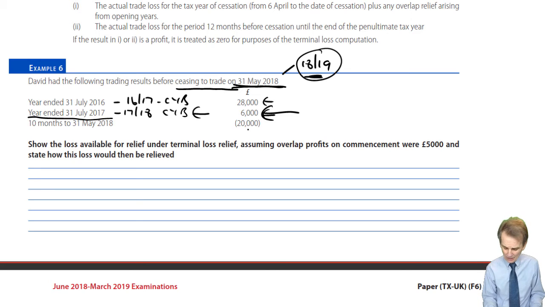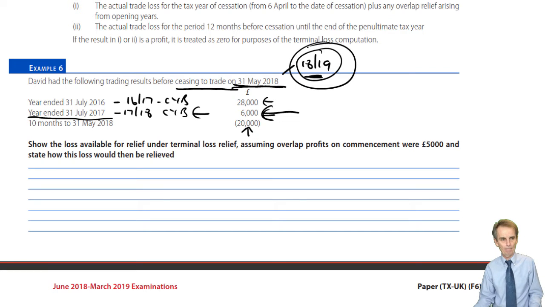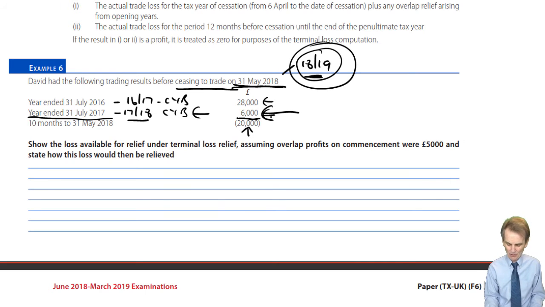Well, here there is only one remaining final period. It's a loss-making period of 20,000. So that is the figure to be allocated to the 18-19 year. It's a loss. Therefore, the assessment is nil. Whereas for 17-18, we've got a £6,000 assessment. For 16-17, a £28,000 assessment.